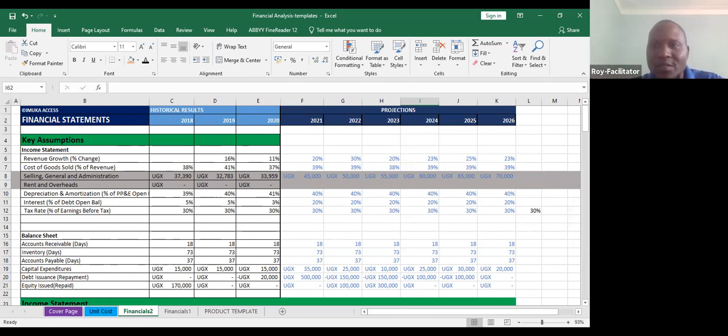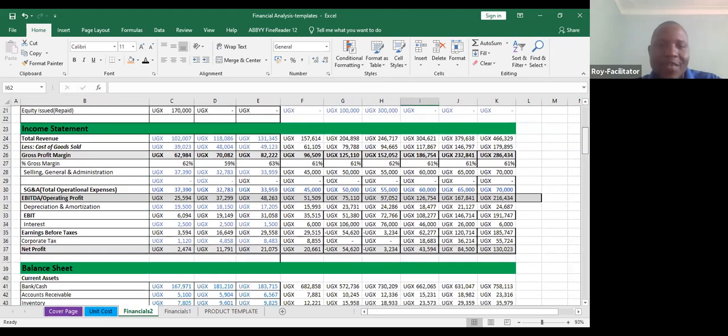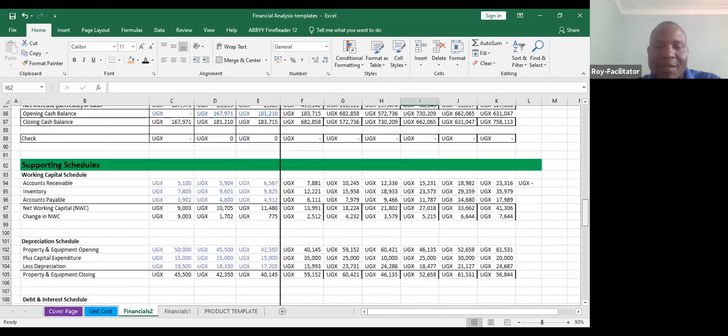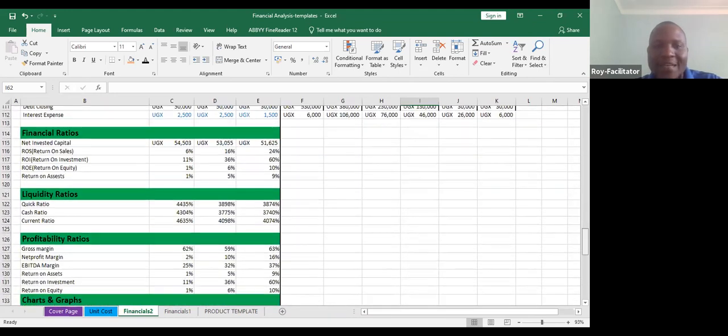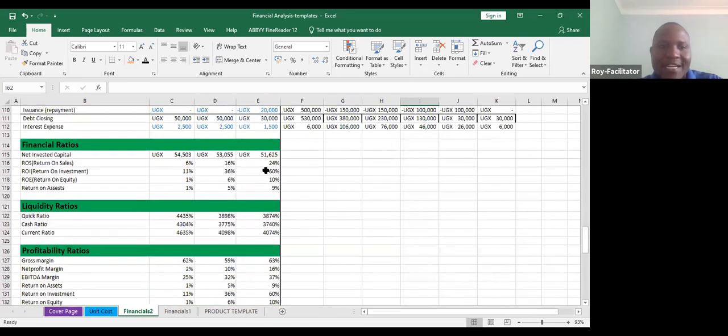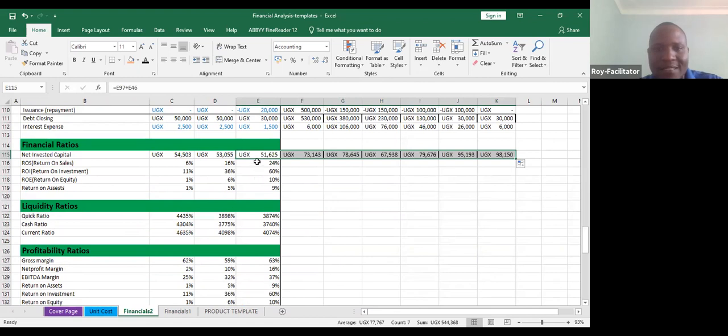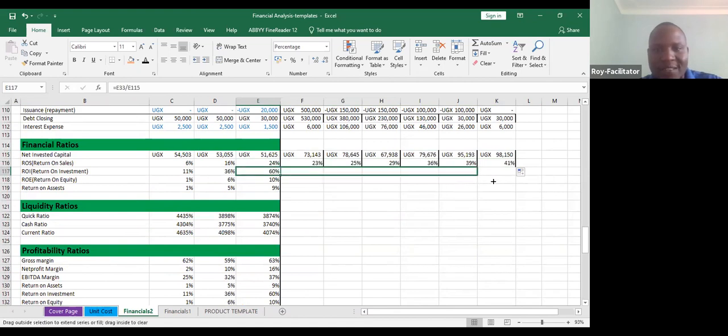And we use one tab. I prefer using one tab. As you can see, everything is in one tab, simply because it is simpler. I can now even extend the ratios, by the way. I can extend all this. Can extend this, can extend return on sales, can extend return on investment, can extend return on equity.